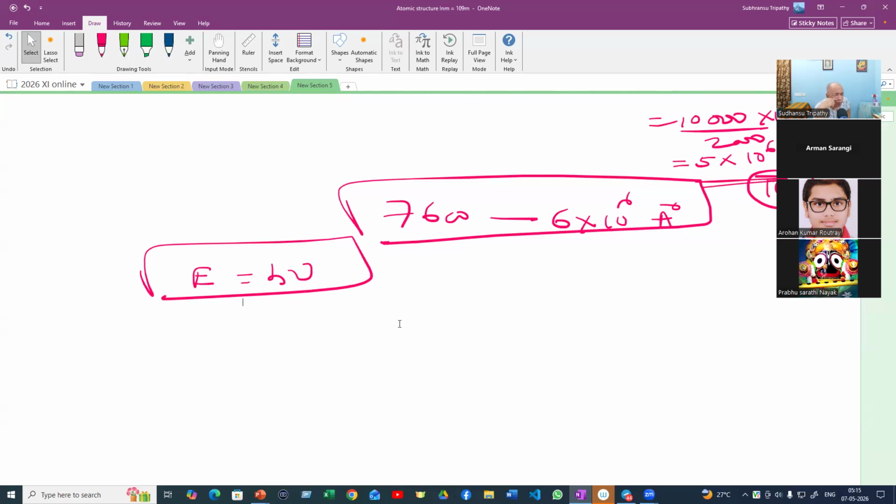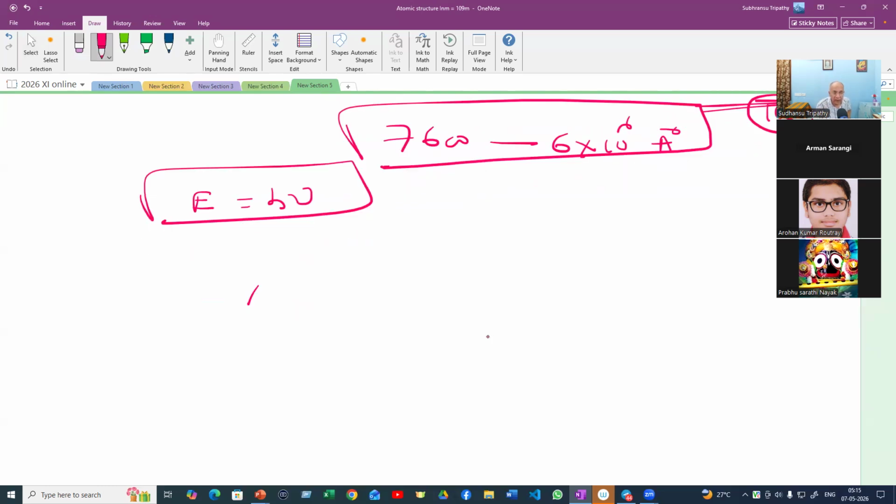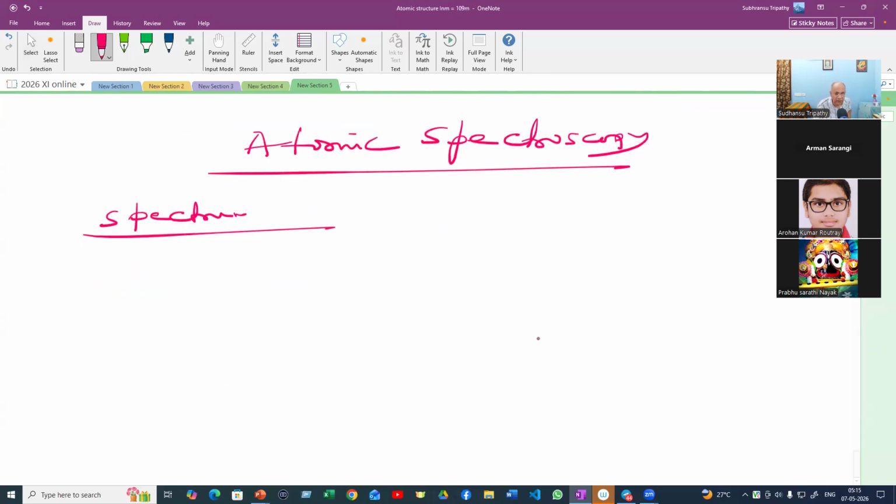And that has been proved by so many experiments, including the hydrogen spectrum. Now we shall enter into atomic spectroscopy. This is a small little concept. You know the concept of a spectrum from the solar spectrum.